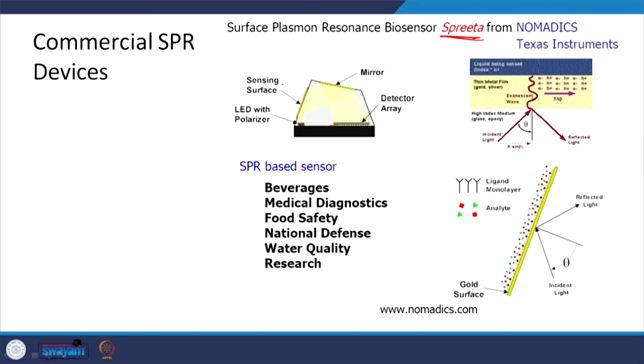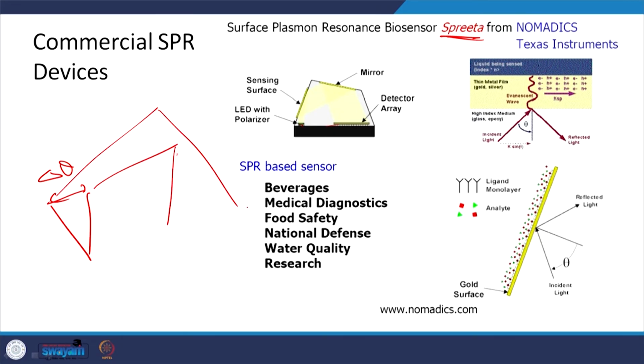You are not doing SPR imaging here, and when there is an attachment of any ligand or monolayer, you are not changing the angle, you already fixed this range of theta, delta theta. Whatever you get from here, after the mirror you measure on the detector array, and because of the binding, the resonance will change every time.